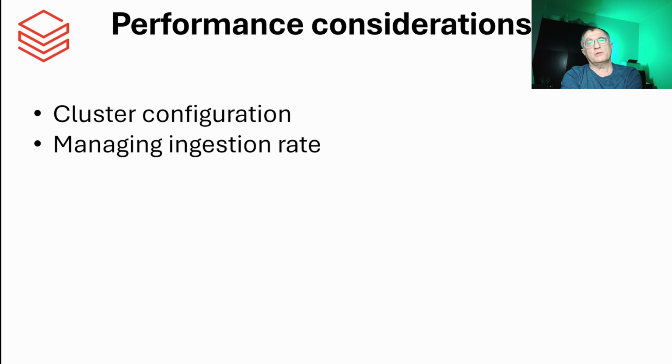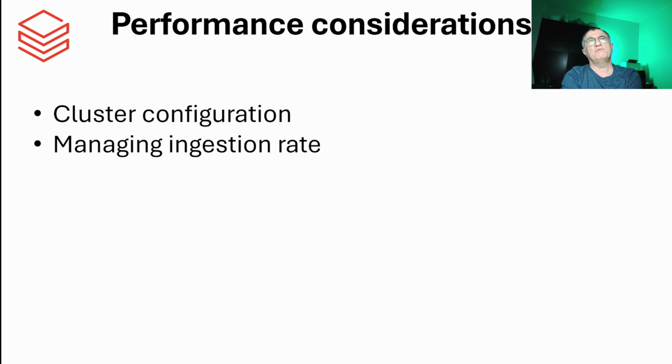So first of all, depending on your transformation types, you may choose different cluster configurations. If your workload mainly consists of stateless transformations, like select or filtering, then you may need to allocate more nodes so that you could distribute the workload.